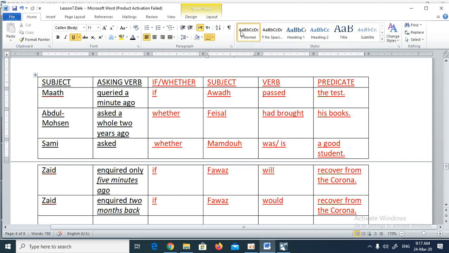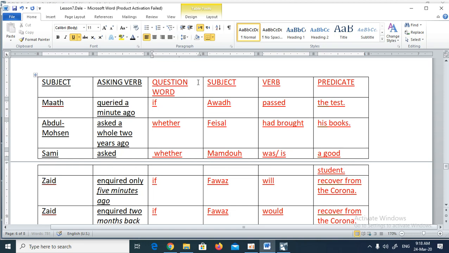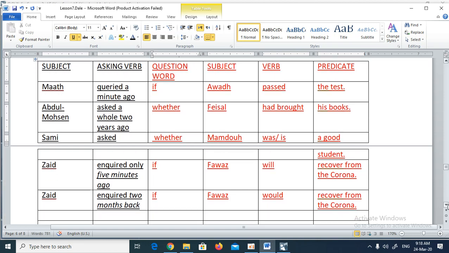Alright, so if we look at the way we did the yes-no questions, when we changed them into indirect speech, all we need to do is take that introductory word if or whether and remove it and replace it with a question word.